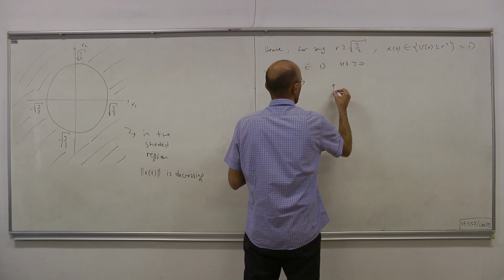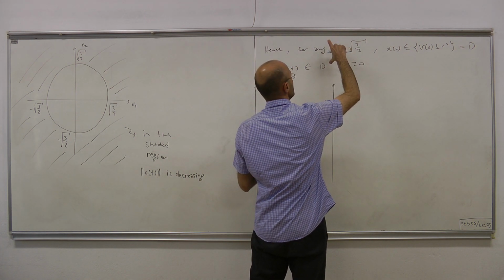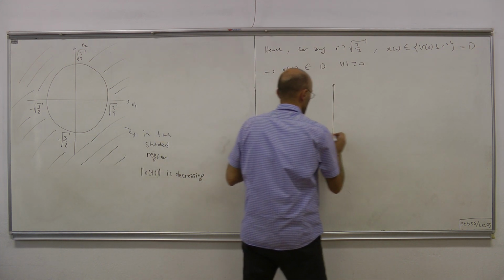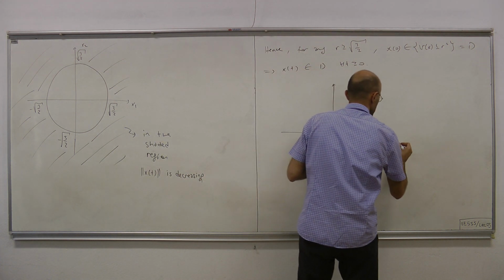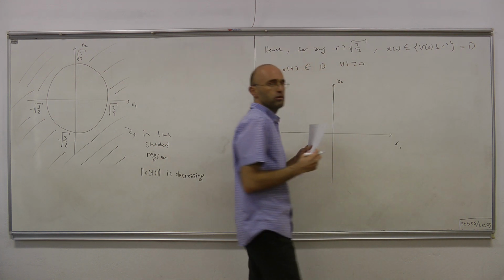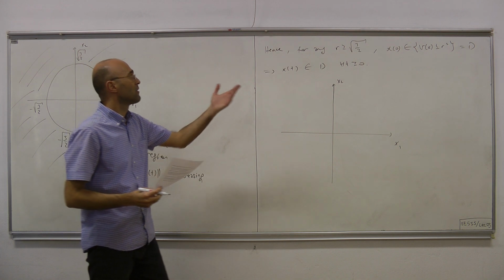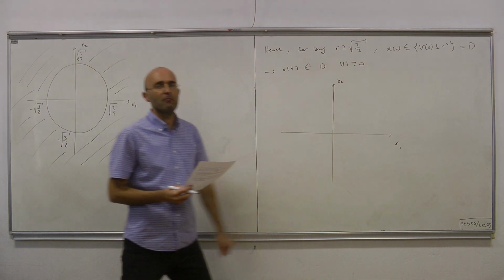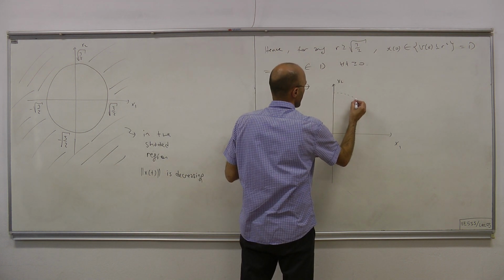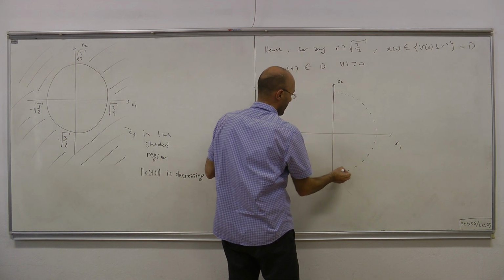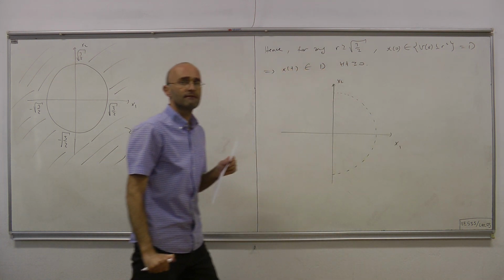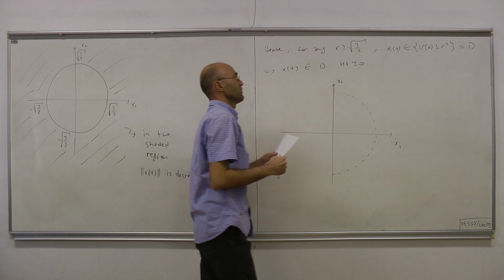Okay. So let's restate that sentence also on the picture. This is our x1, x2 plane. Choose any r that's larger than that number. For instance, r equals 2. Okay. And then consider this subset, okay?